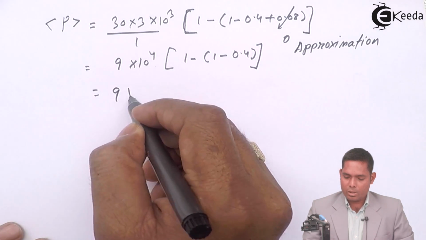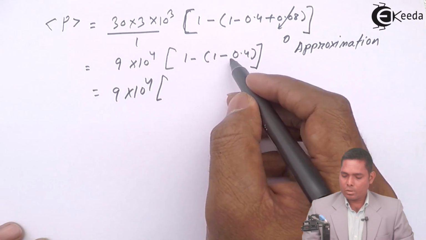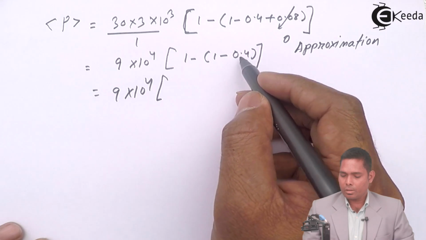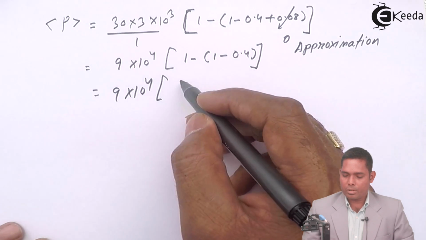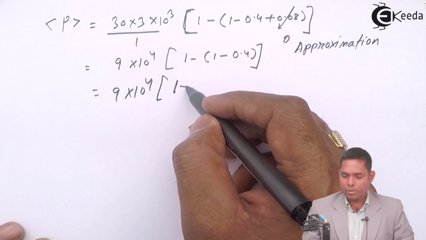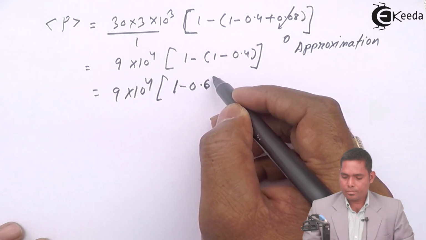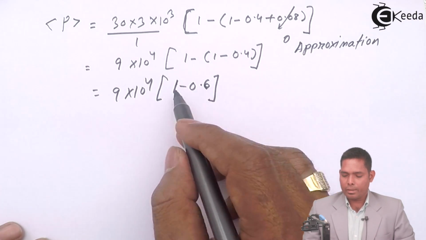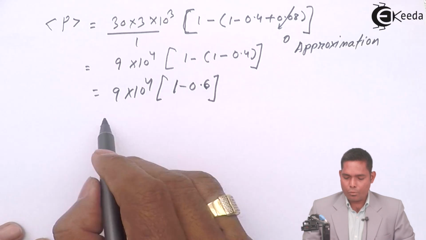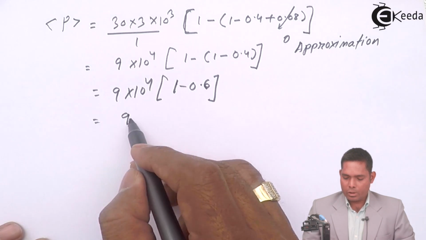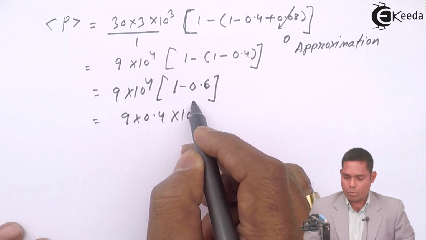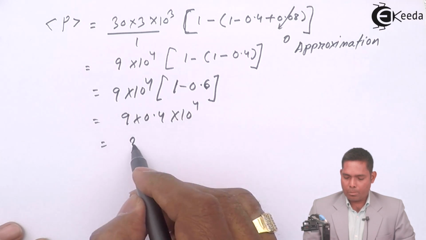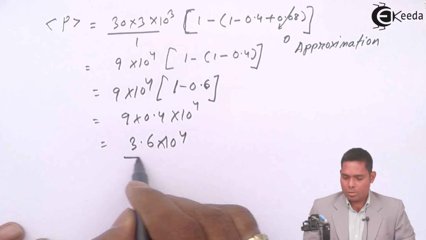Now this is 9 into 10 raised to 4, and this is 0.6, and 1 minus 0.6 is 0.4 again. Then this is 9 into 0.4 into 10 raised to 4, and then this is 3.6 into 10 raised to 4.